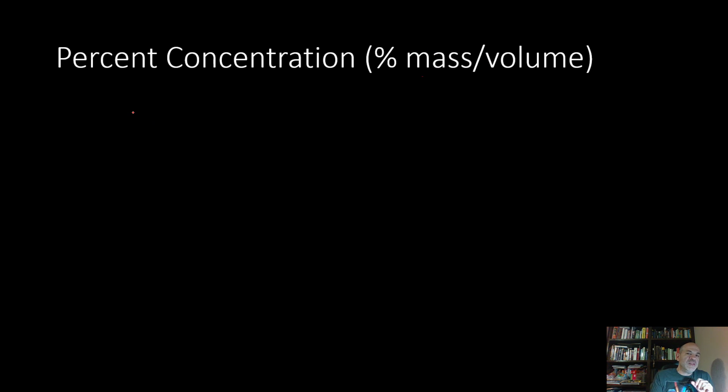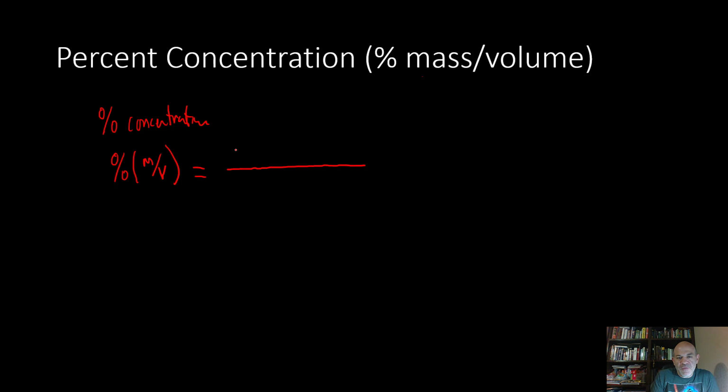But we're just going to deal with percent mass by volume, and we can write down this formula and concept like this. So we're talking about percent concentration, okay, or simply percent mass per volume. Sometimes you see weight per volume, because biologists sometimes use the word weight instead of mass, but mass is more consistent regardless of where you're at than weight is. Weight would differ if you went to the moon, for example, so I'll use mass instead.